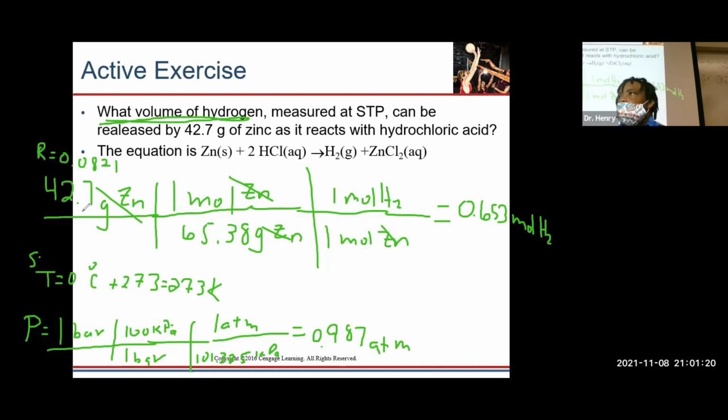So what do you think I'm going to use? Well, I'm looking for volume, right? We could use that, but why would we use that when we want just the volume?